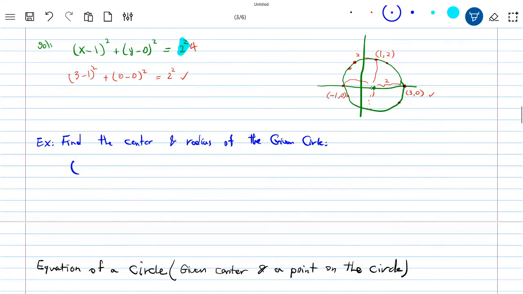The circle is given as x minus 3 squared plus y plus 2 squared equals 7.